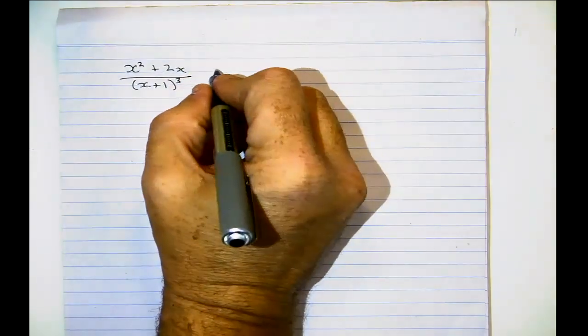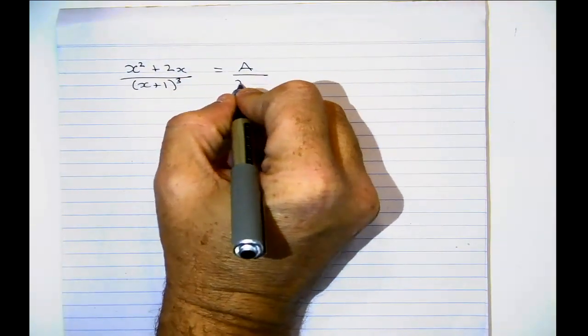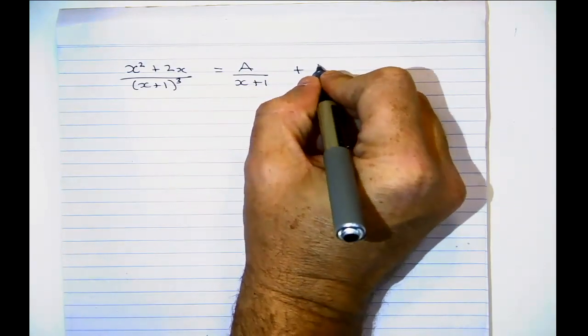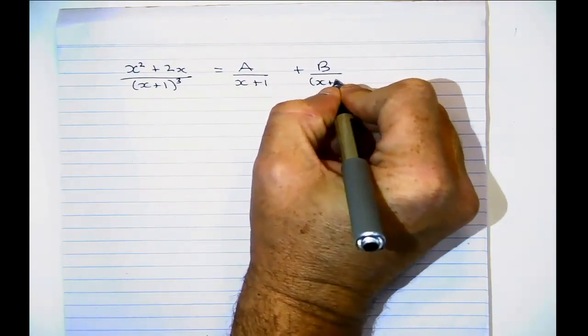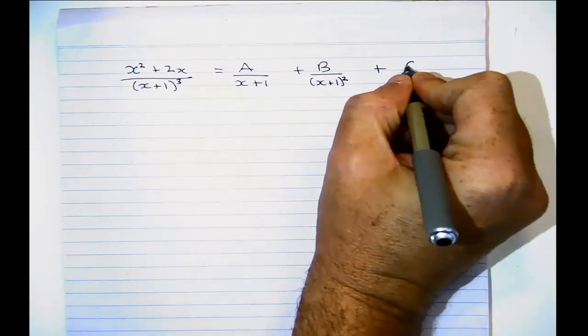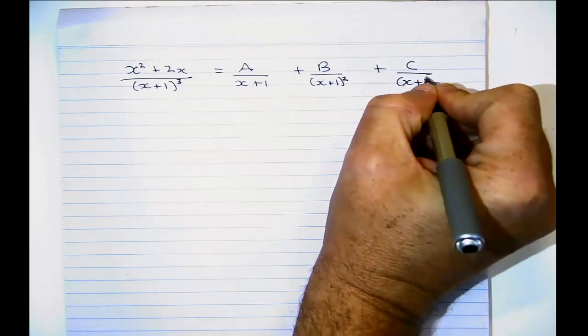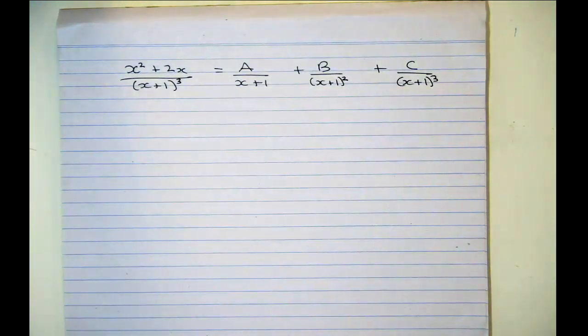The rules say if you have a repeated linear factor, it'll spit out terms where the power of the linear factor basically marches up. So if it was, say, x plus 1 to the 24, you'd have 24 terms.